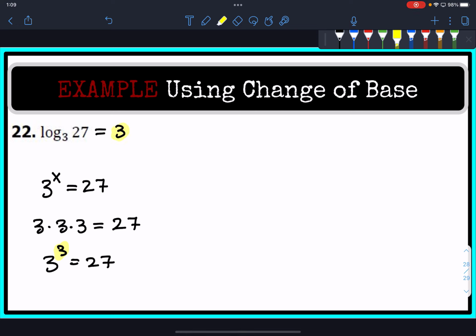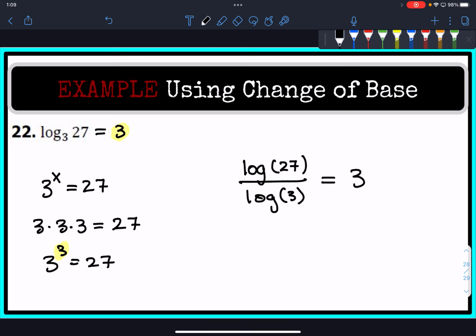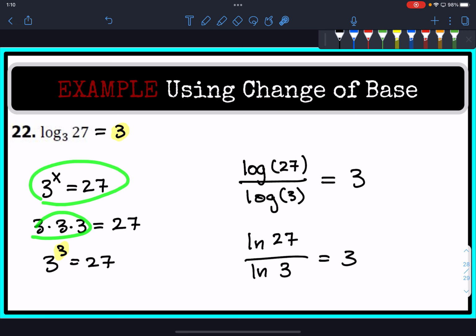We can still use the change of base formula. If I use the common log of 27 and divide it by the common log of 3, this is going to equal 3. When I use the natural log of 27 and divide it by the natural log of 3, this is also equal to 3. So in those situations, I could use my change of base to get the same value as if I used the exponential property, converting this into exponents and multiplying the number 3 out until I get 27, which in this case would be to the third power.